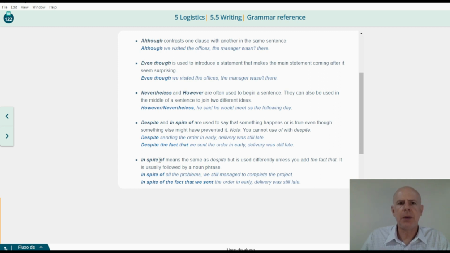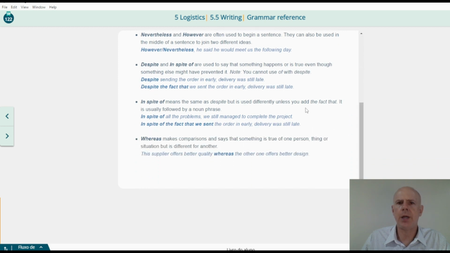In spite of means the same as despite, but is used differently. It's usually followed by a noun phrase. In spite of all the problems, we still managed to complete the project.